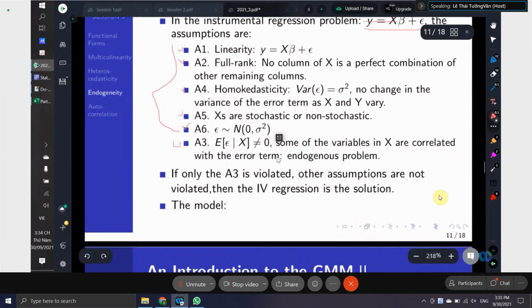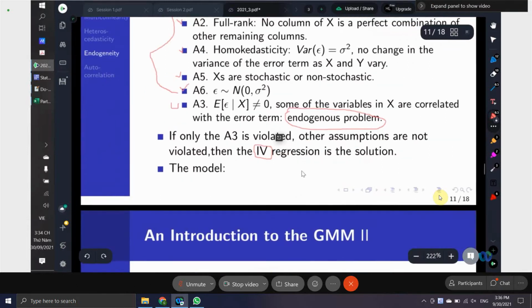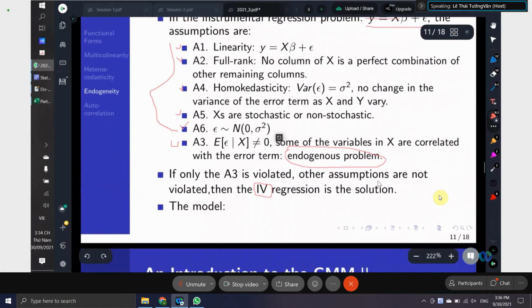That is to say, the expectation of epsilon given X is no longer a vector of 0. Some of the variables in X are correlated with the error term, and we call it the endogeneity problem. To solve this problem, we use the so-called instrumental variable regression solution.